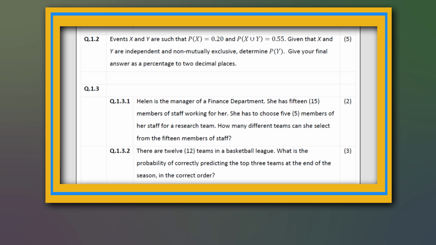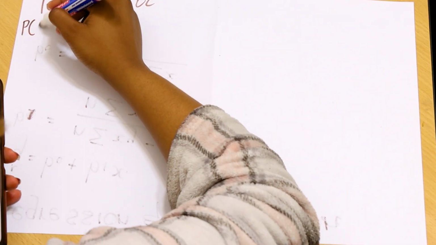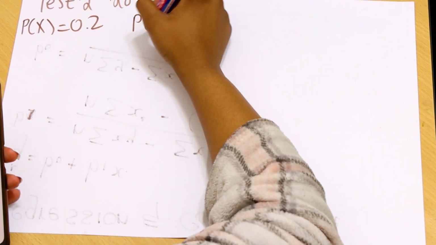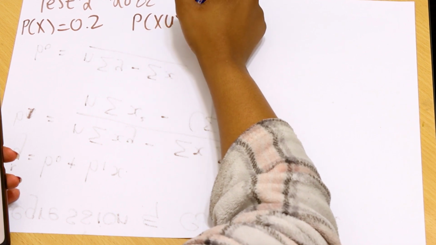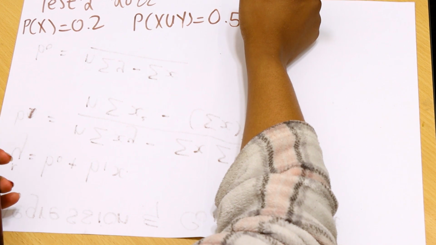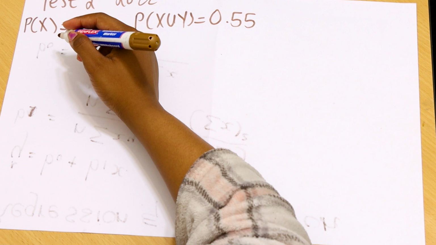Here they told you that P(X) is 0.2, and that P(X union Y) is 0.55. They told you for a reason that the events are non-mutually exclusive.